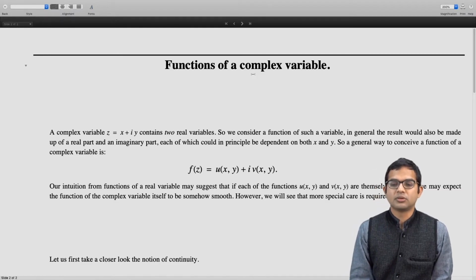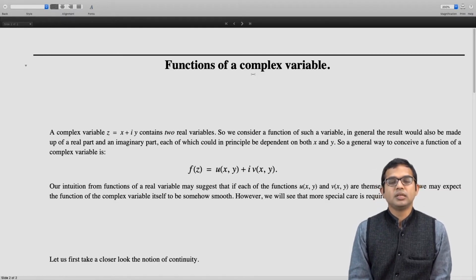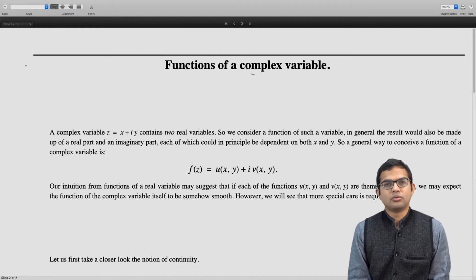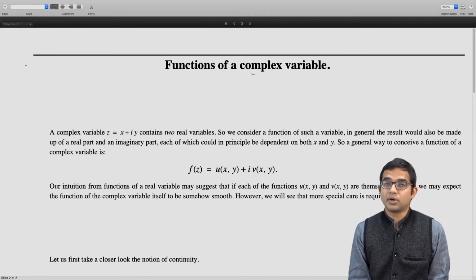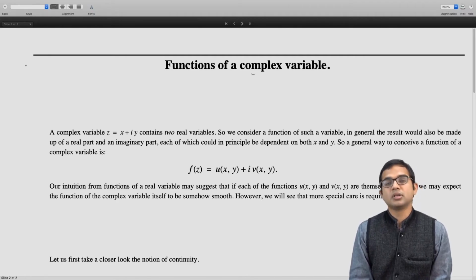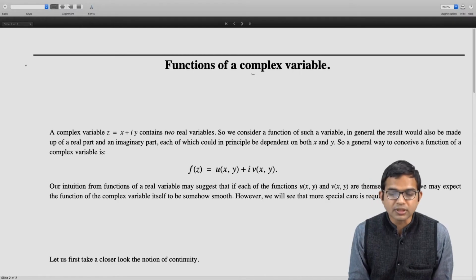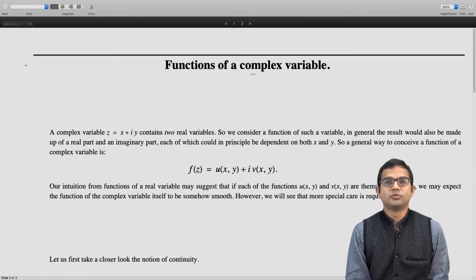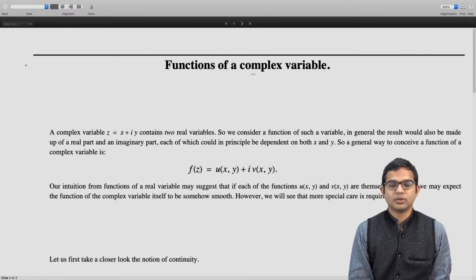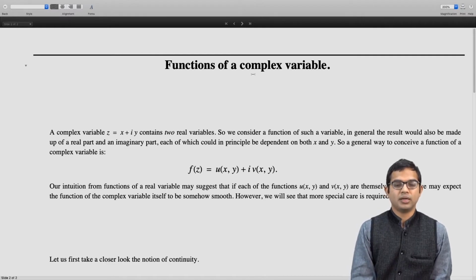So it's customary to write f of z is equal to u, which itself is a function of both the real part and the imaginary part of the original complex variable, and the imaginary part of the function f of z itself is a function of both x and y. So we write it as f of z is equal to u of x comma y plus i times v of x comma y.